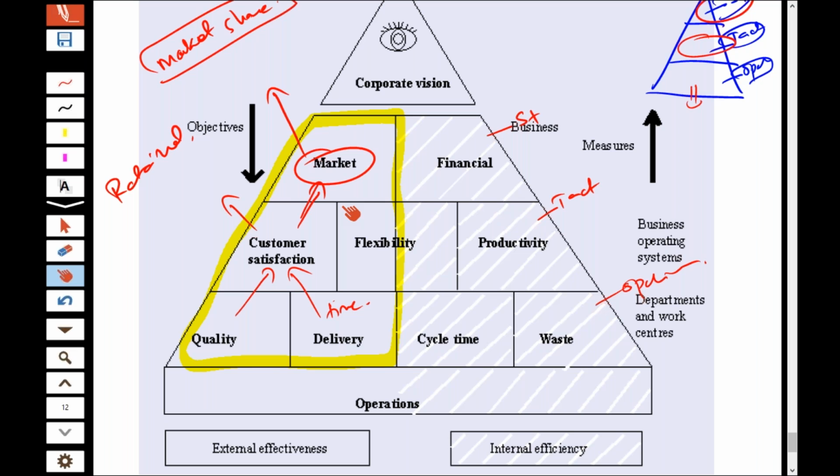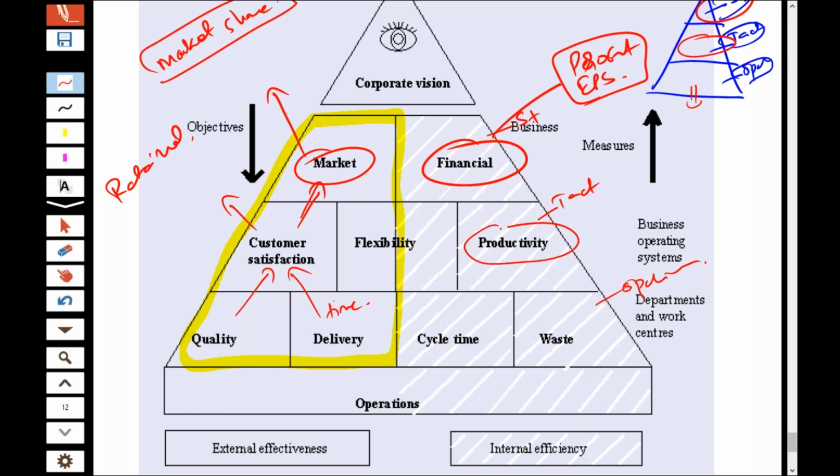The second goal is the financial goal, which could pertain to profit, the EPS, and so on. The profitability, the EPS, the market value of the company would all increase when the productivity enhances. Because if the productivity enhances, the cost reduces.